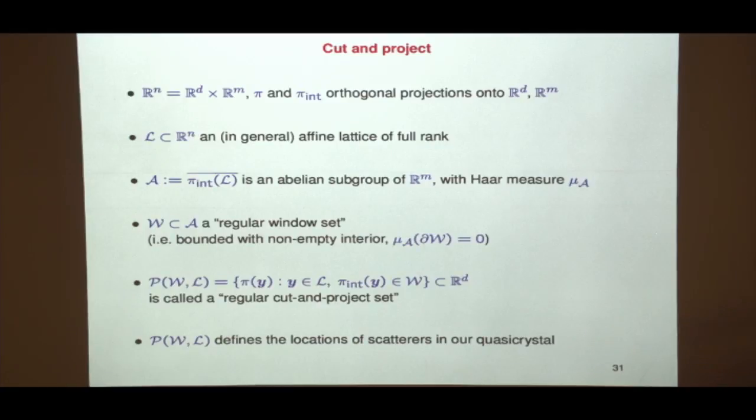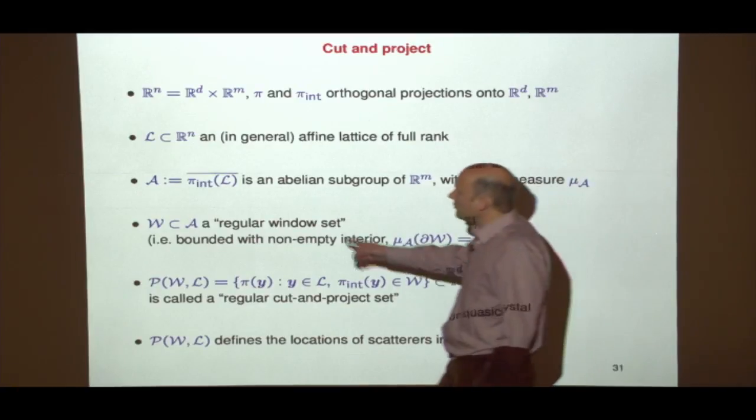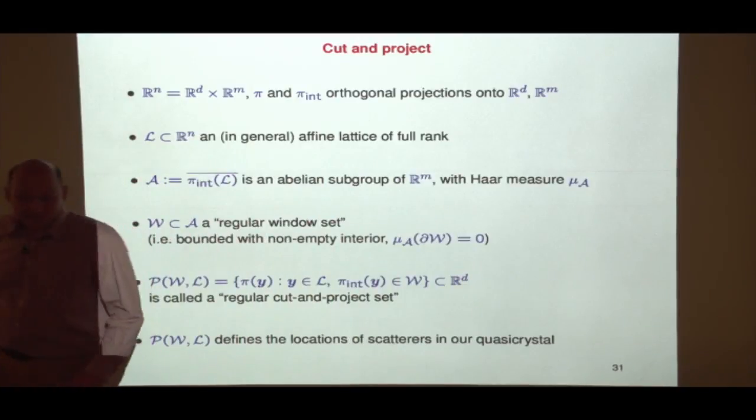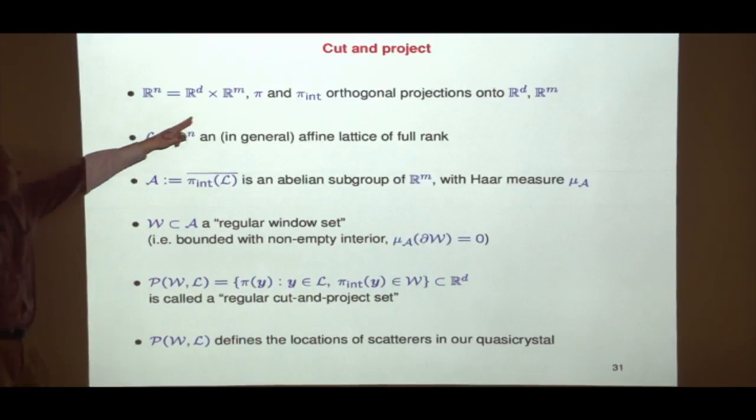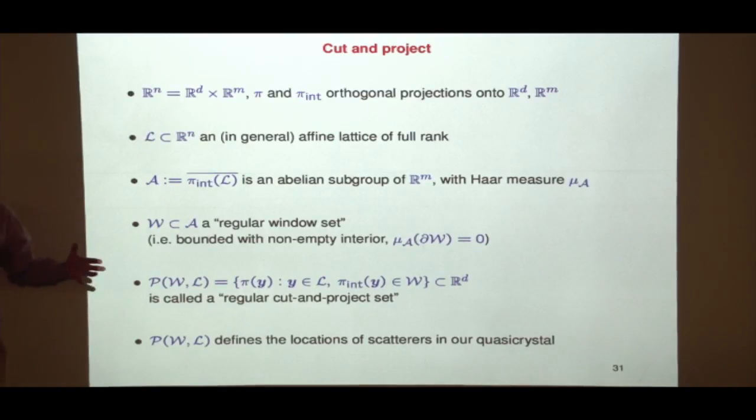Well, suppose we want to construct a cut and project set in R^d. What we do is we extend our space to R^n. So we have an auxiliary space R^m here, and we denote by pi and pi internal the orthogonal projections onto these two. Now then we're going to take a lattice in the big space R^n, and we put it in there in some generic way.